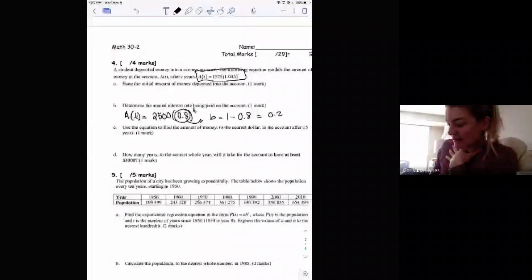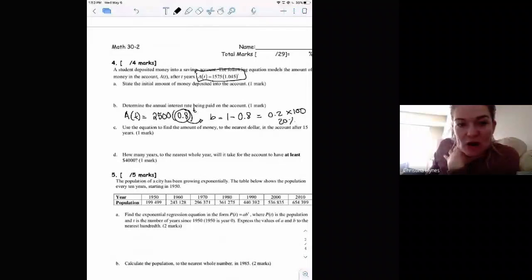This value right here, your b value, you're just going to go 1 minus 0.8. From that b value, you're going 1 minus 0.8, and that's going to give you 0.2. So the 0.2 is your percentage. That is your interest rate. Okay, so if you multiply by 100, that's going to give you 20% interest rate.